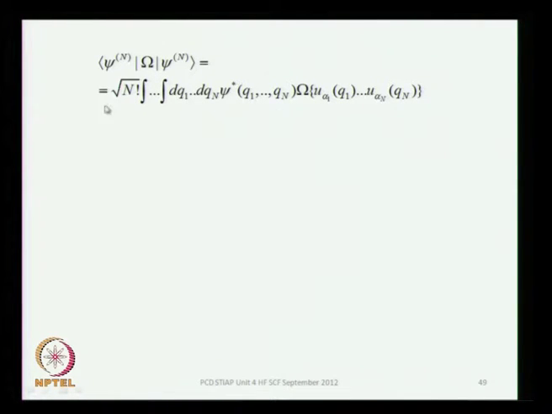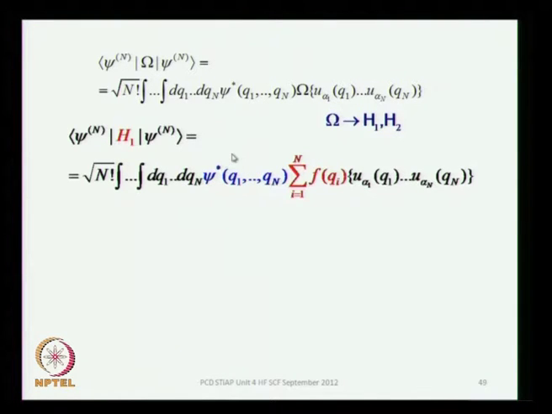And you can determine this integral separately for H1 and H2, and omega would be either of these two operators, and we will have to work out these expressions for both. So, let us do it for H1.